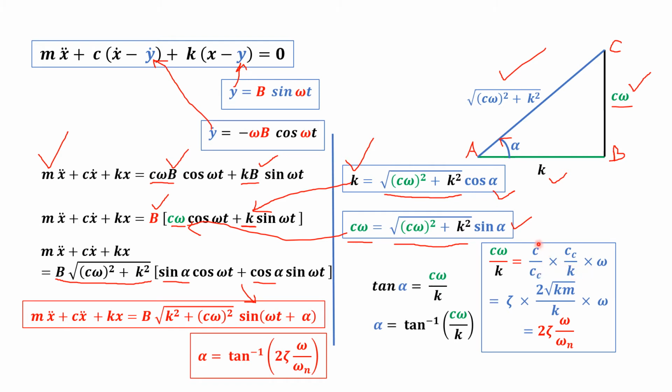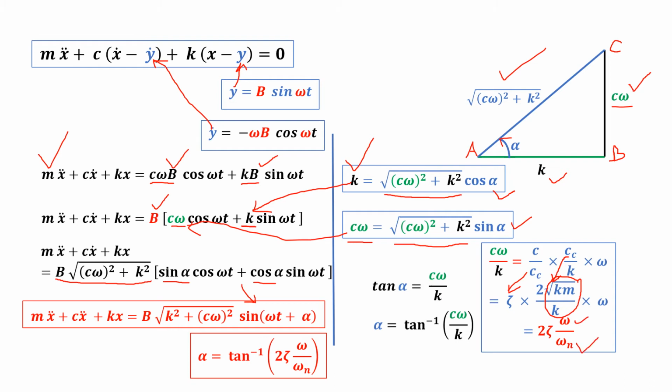Now this term c by cc becomes zeta, the damping ratio, and the critical damping coefficient value is 2 times root km. Now when we solve this term, root km by k becomes root m by k, which is the inverse of natural frequency.